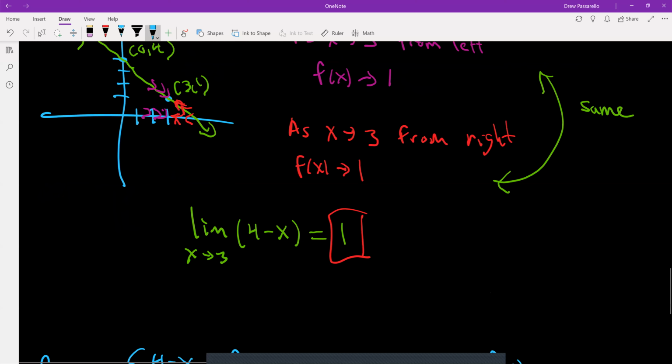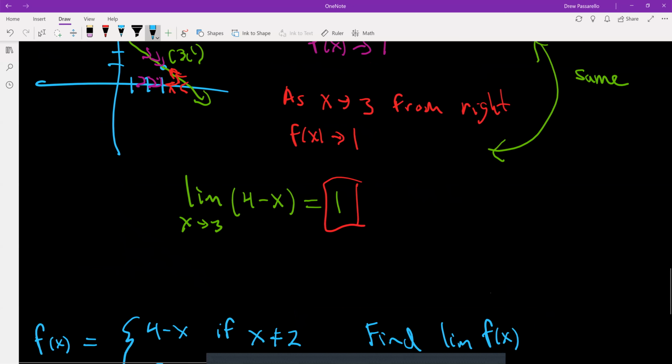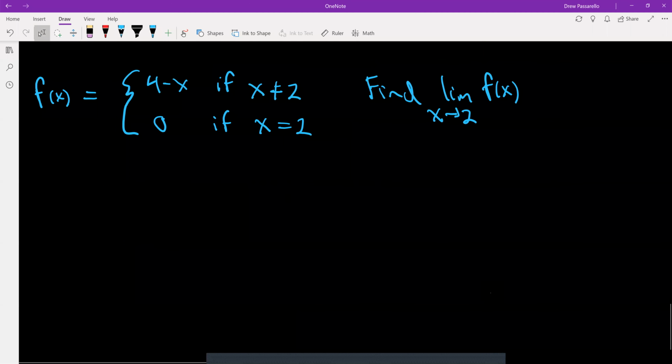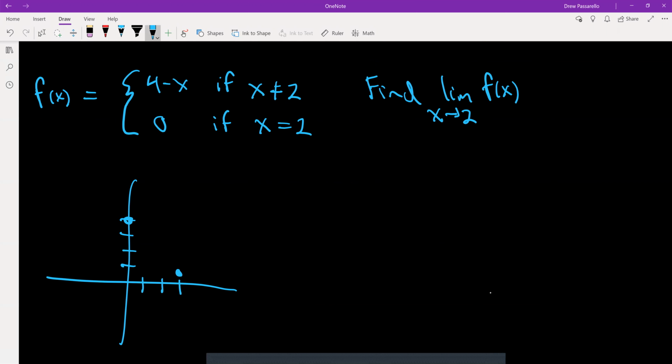All right, this problem had the same function, 4 minus x. This is called a piecewise function. It's broken into 2 different pieces. So it's going to look similar to the graph I had. The only thing is when I get to 2, normally I would have that line.